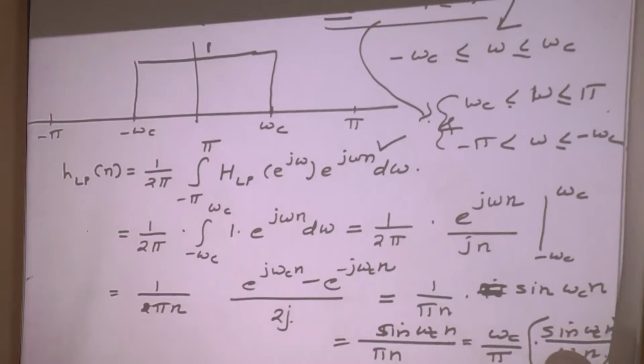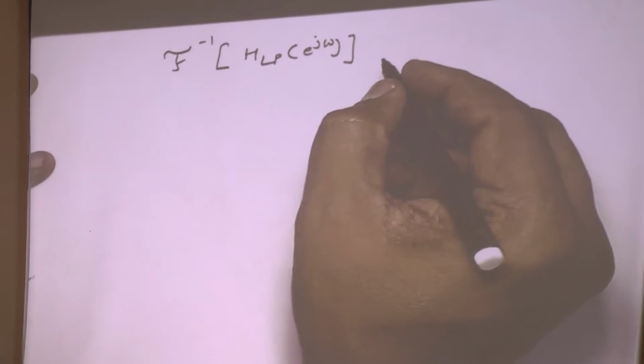Whatever we have seen just now was a proof that the Fourier inverse of HLP e to the power j omega is equal to HLPn.